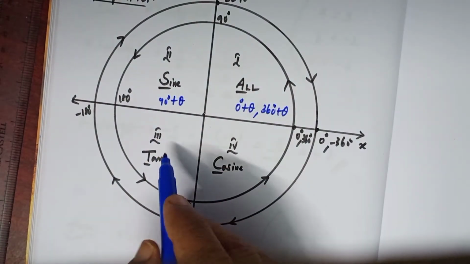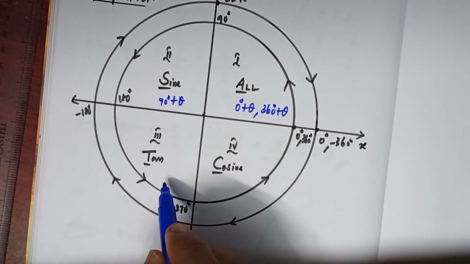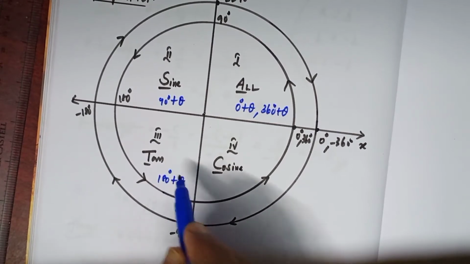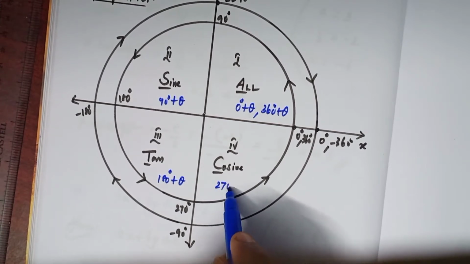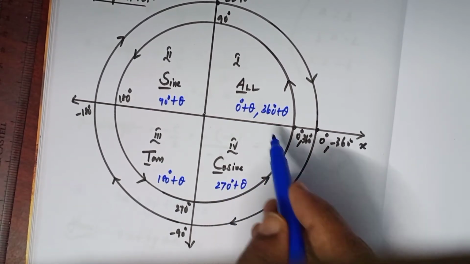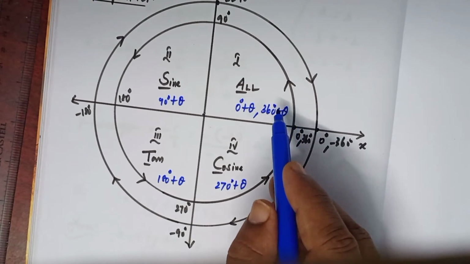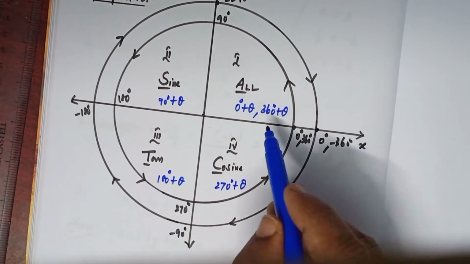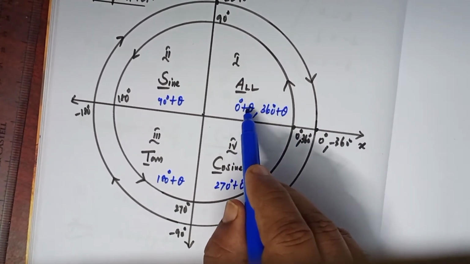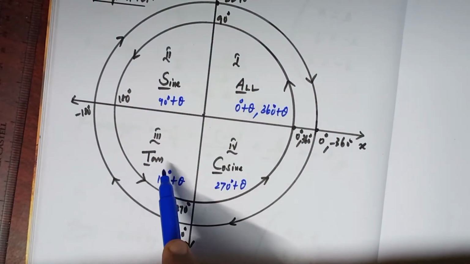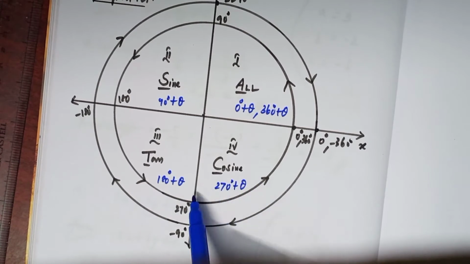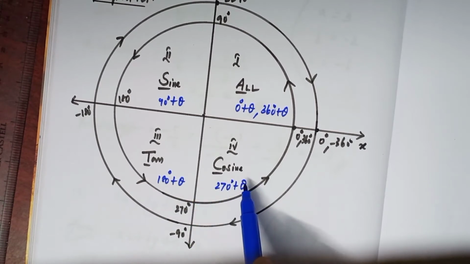This portion, since we have 180, here 180 plus theta. This portion 270 plus theta. Again I tell you, first quadrant 0 plus theta, second quadrant 90 plus theta, third quadrant 180 plus theta, fourth quadrant 270 plus theta.